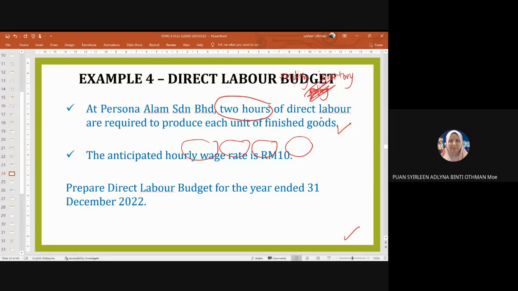So the wage for 1 hour is RM10. So we are supposed to prepare the direct labor budget.